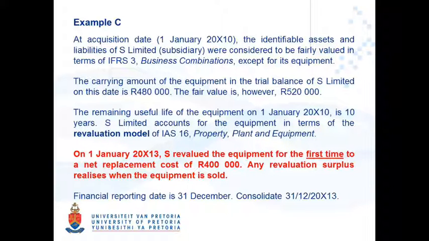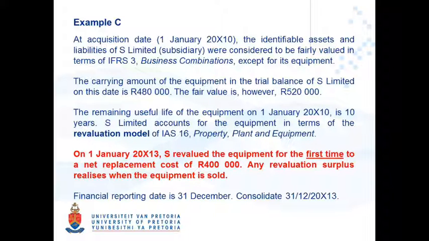At acquisition date, a value adjustment is required on the equipment from 480,000 in the separate financial statements of S to 520,000 in the group statements. The additional information in this example tells you that S only revalued this equipment for the first time on 1 January X13.